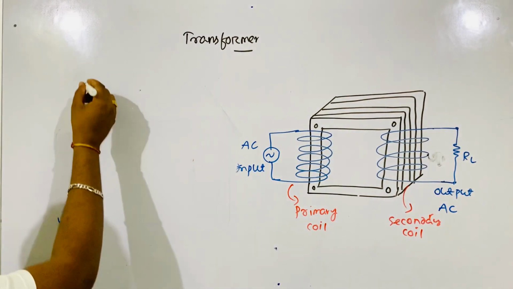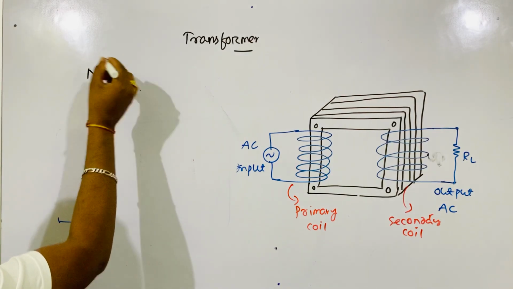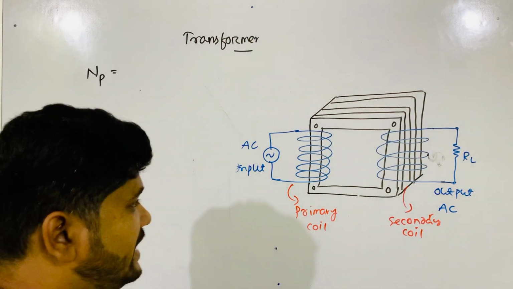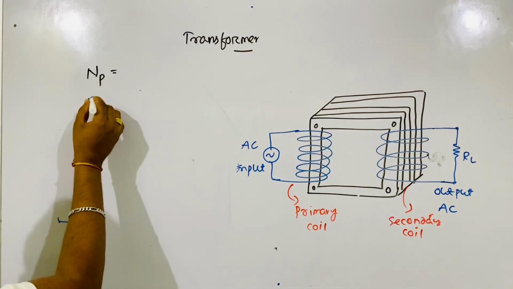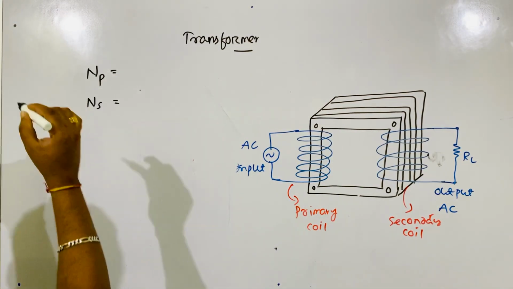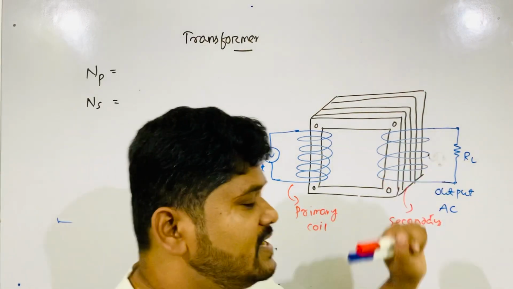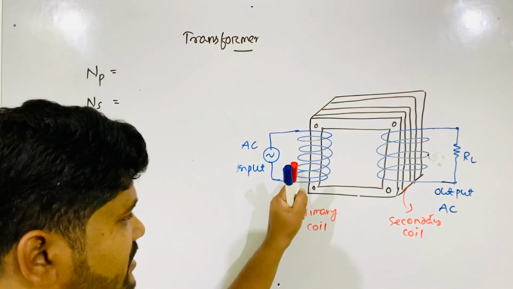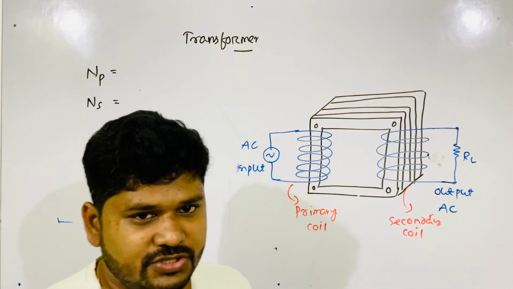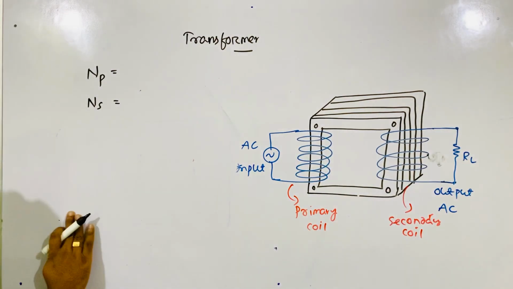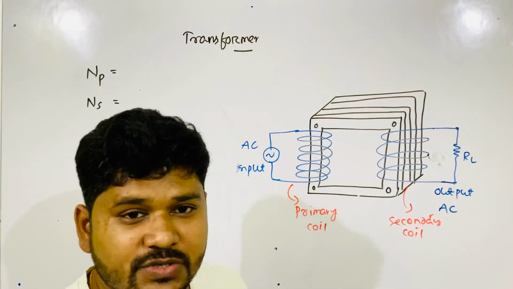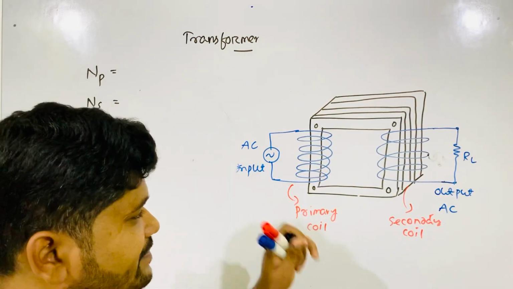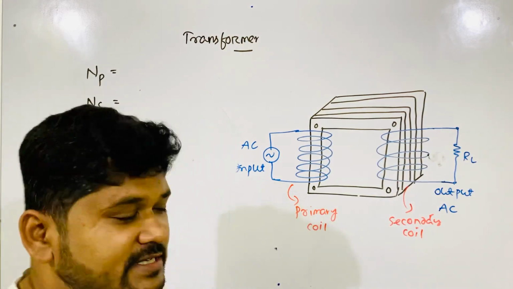In theory, first we have to take what symbols we use here. NP is the number of turns of the primary coil, and NS is the number of turns of the secondary coil. Now when input AC is given here, what is the EMF induced in the primary and what is the EMF induced in the secondary?